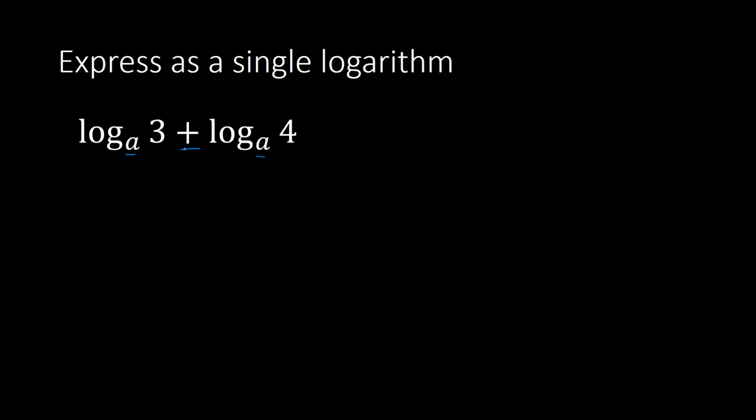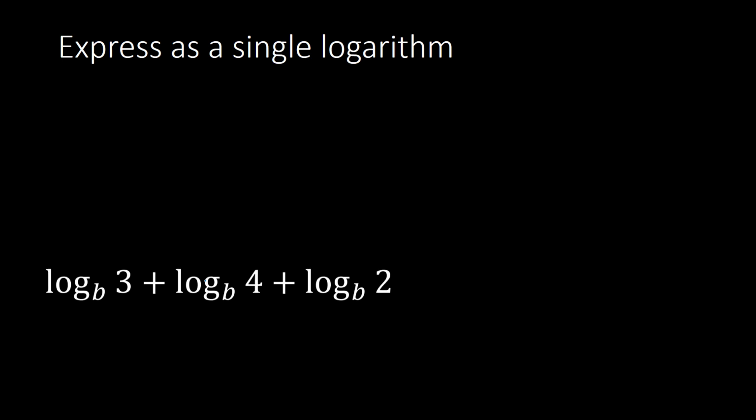Where if you see the addition sign, I can combine into one logarithm by multiplying the 3 times the 4 to give me 12. So my solution here would be log base a of 12. And I can do that once again because the base is the same and I'm adding these two logarithms together. So the law says that I can break it apart or I can bring it back together.